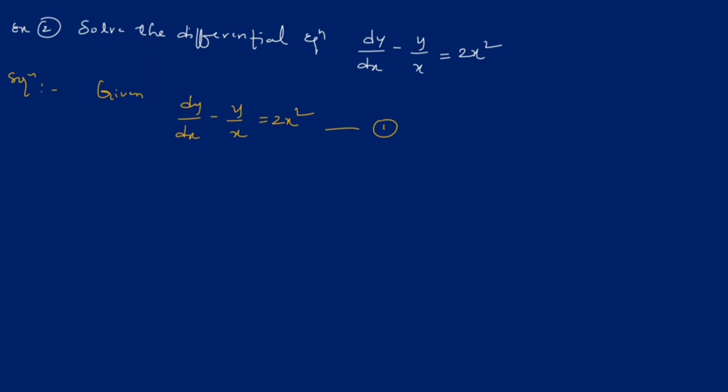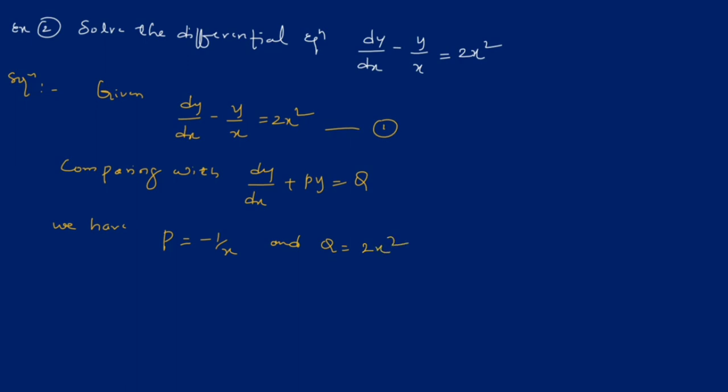So now comparing with dy by dx plus py equals q, we have the value of p as minus 1 by x and the value of q as 2x square, right?